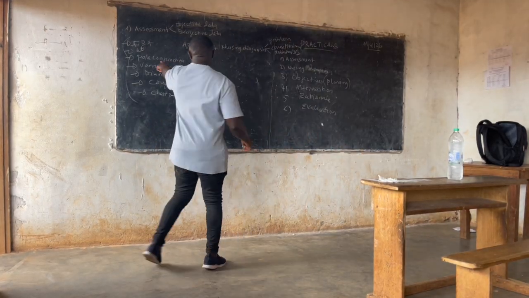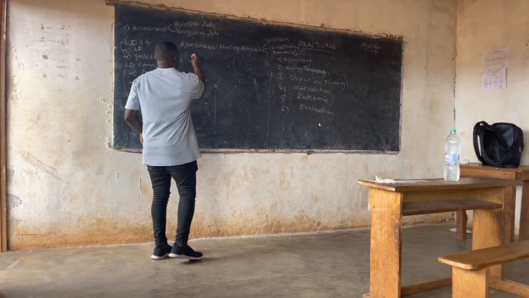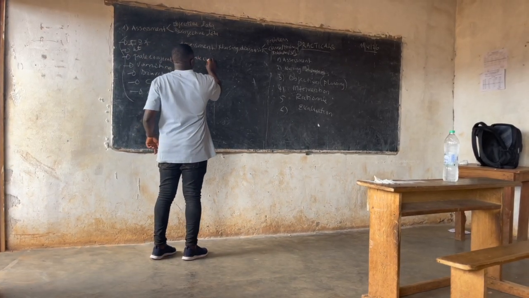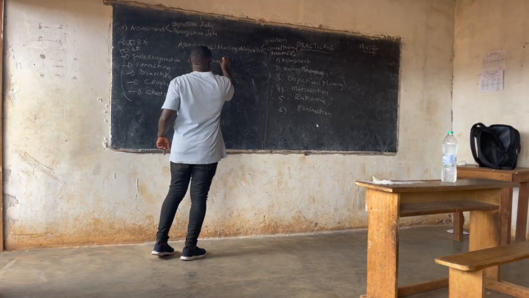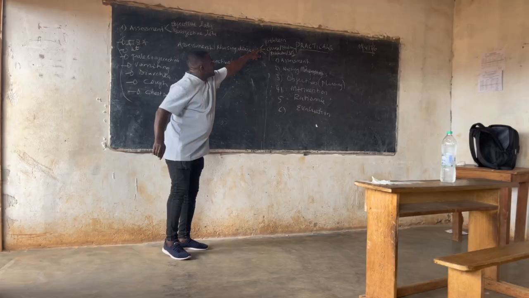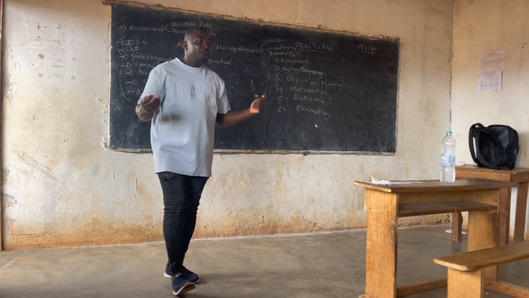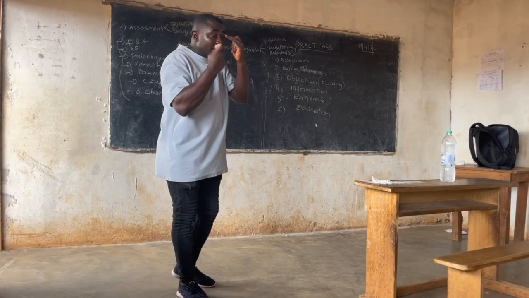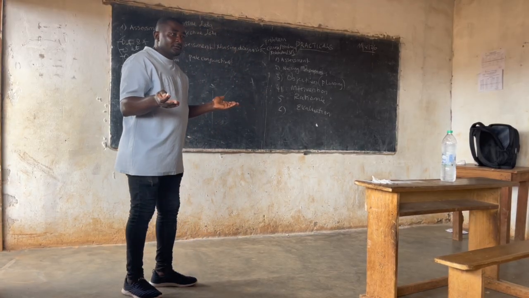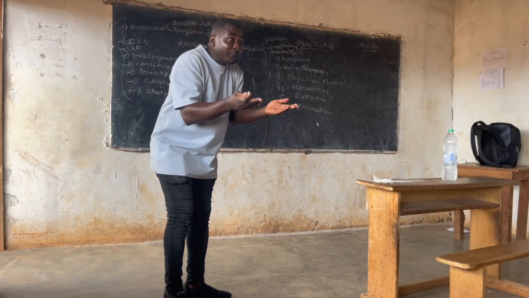Okay, good. Pale conjunctiva is a problem. What can cause your conjunctiva to be pale? You see, the doctor always checks like this. The doctor is looking for what? Looking for blood level.